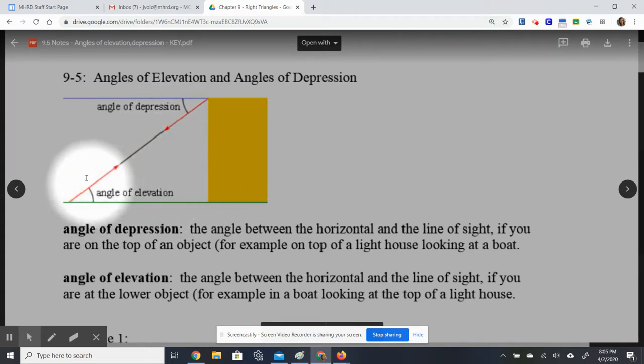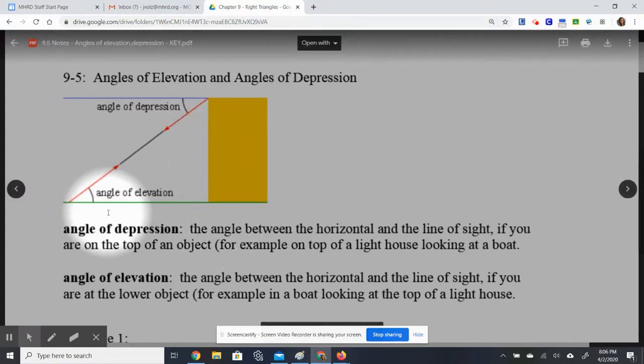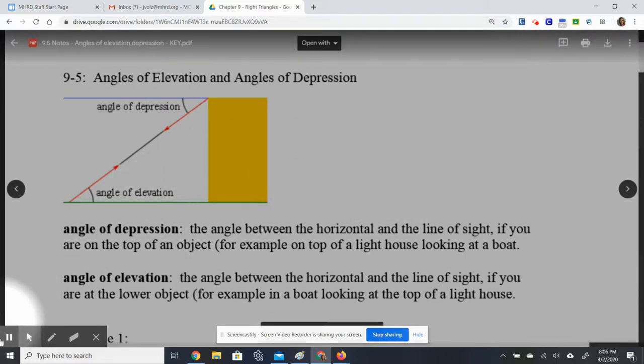In both of these scenarios, you're making an acute angle with a horizontal line. And you could always connect the other end of that horizontal line, drop it straight down or make a line straight up, and you end up with a right triangle. So these angle of elevation and depression problems always end up being right triangle trigonometry problems.